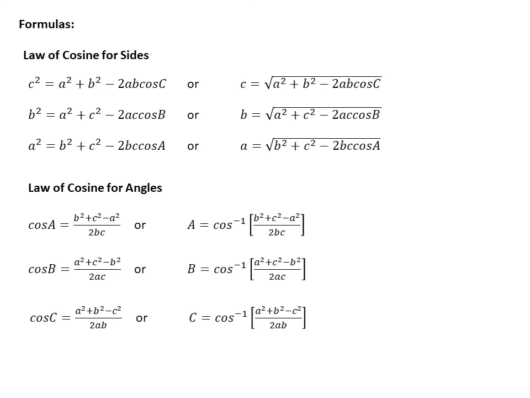And then for the third one, we have cosine of angle C equals A squared plus B squared minus C squared all over 2AB, or angle C equals inverse cosine of A squared plus B squared minus C squared all over 2AB.